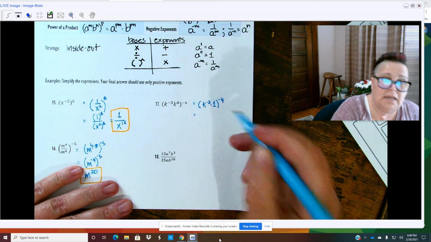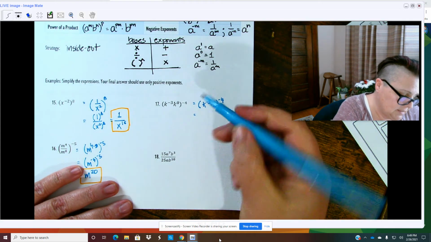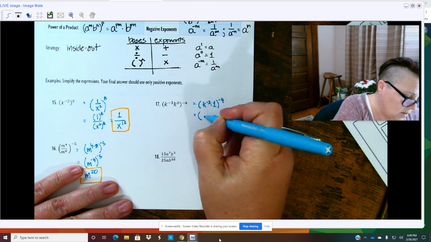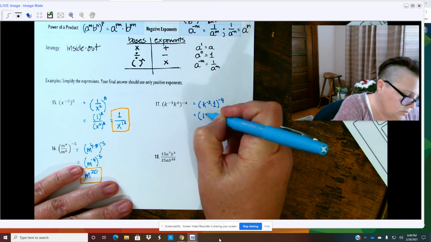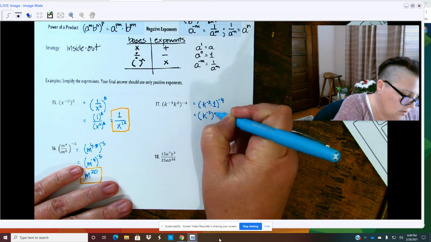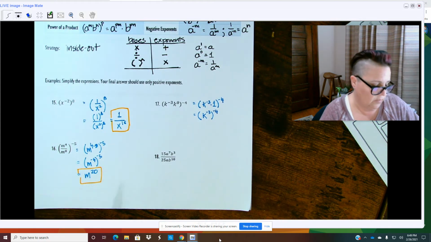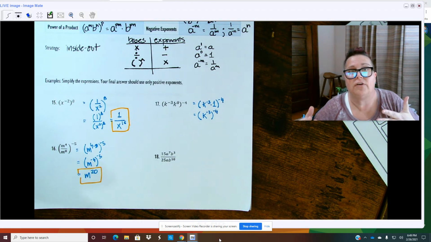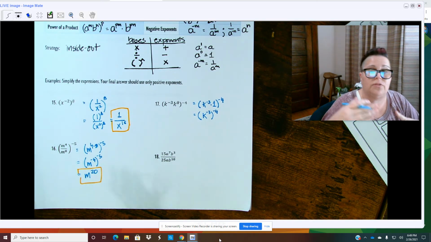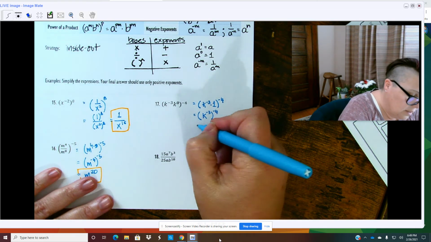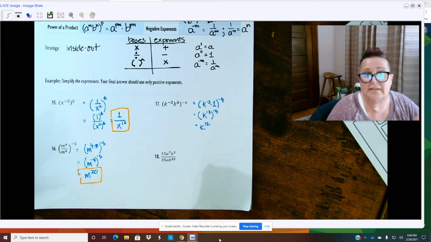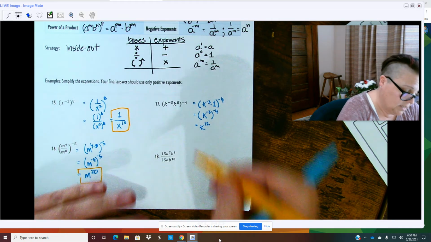This is what I see, it's not necessarily what you will see each time out, but I do see that k to the negative 3rd times 1 would just be k to the negative 3rd. And then I can take it to the negative 4th. I see a power to a power, and I saw that first. So if I do negative 3 times negative 4, that's going to be k to the 12th. And that's a positive exponent, and I'm done.